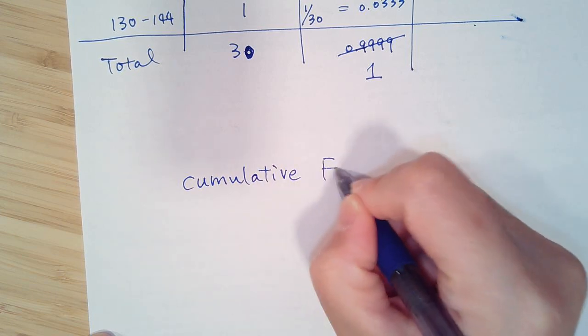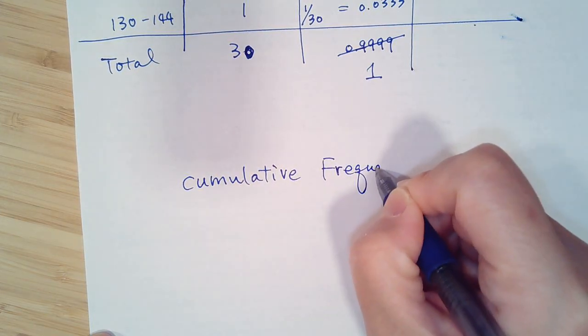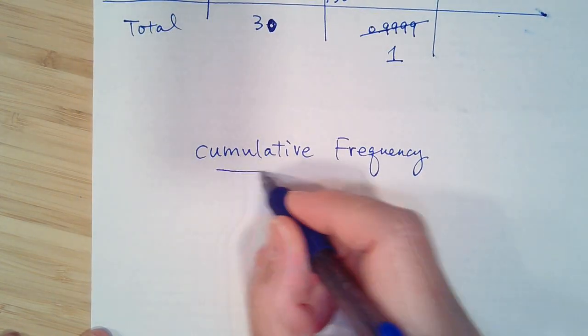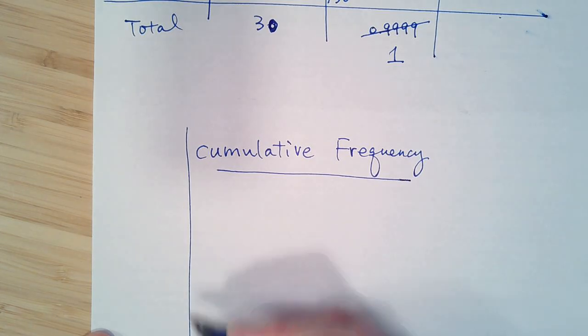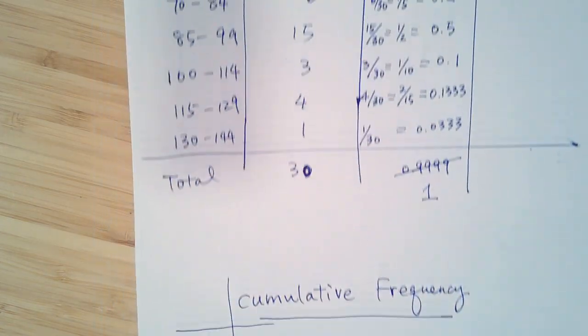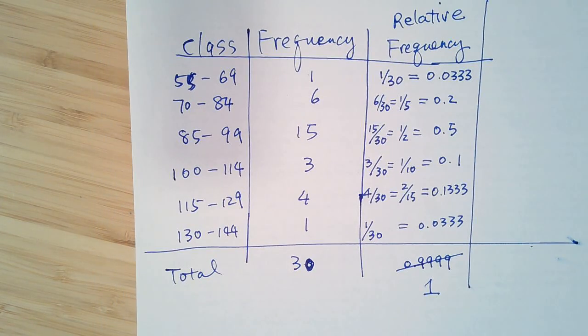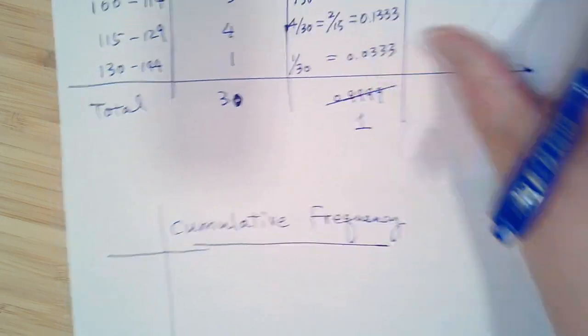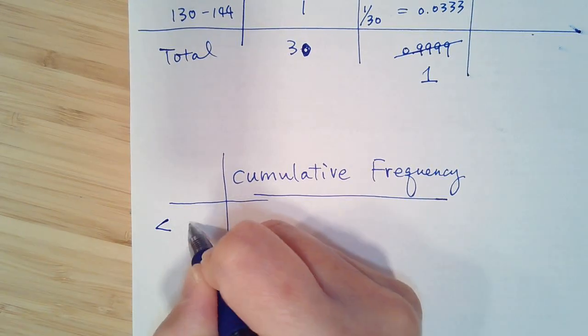Cumulative frequency. If you see the class is from 55 to 69, I'm going to put here less than 70. So it's equivalent, right? So the cumulative frequency is 1.